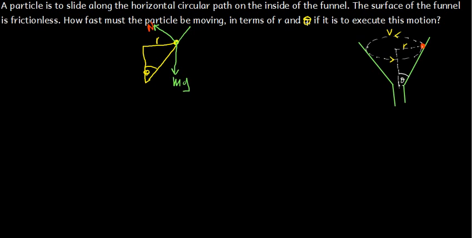Now from here we know that if we extend this line like this, of course this angle theta which is here is going to also be equal to this angle which is here. We can see that we are making a Z. So this is also theta.